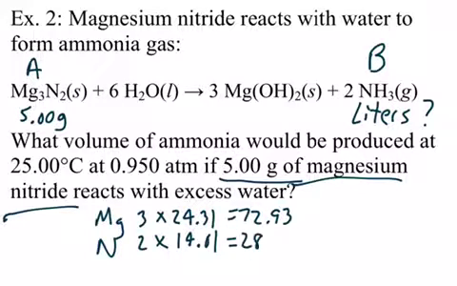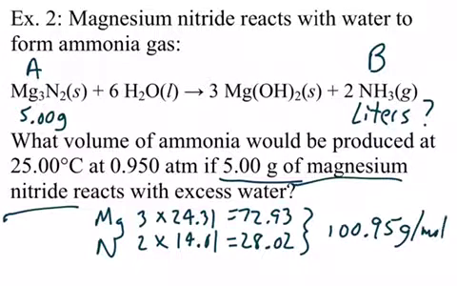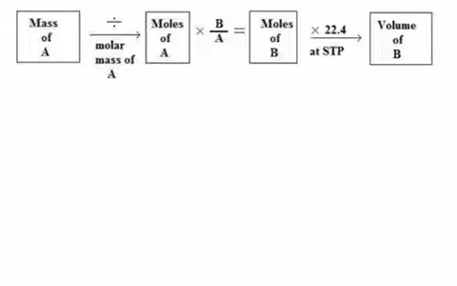Multiply that, that's 28.02. And when we add this, the molar mass is 100.95 grams per mole. Okay, I'm going to flip over to the next page so we can complete the problem. So here we're going from mass to volume, but it is not at STP, so we can't use 22.4.